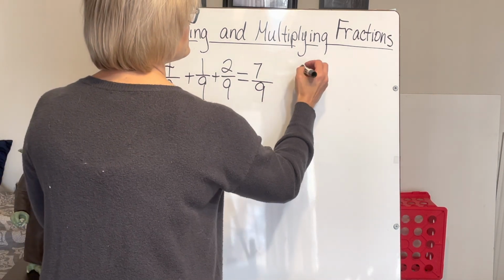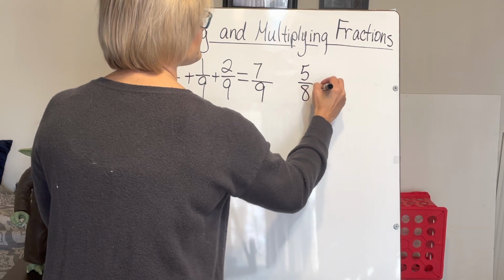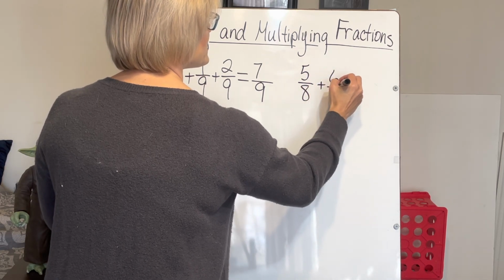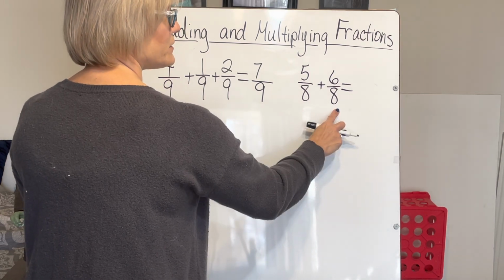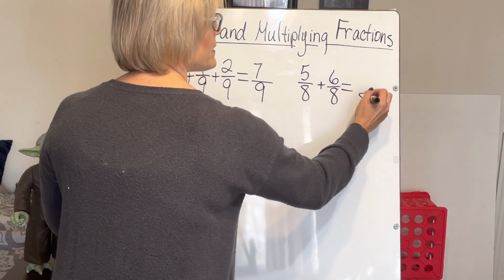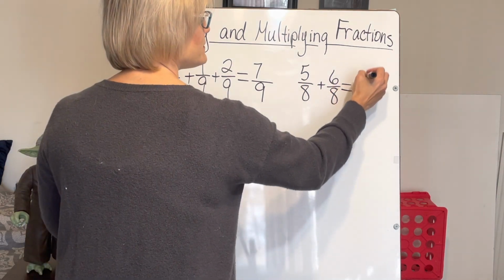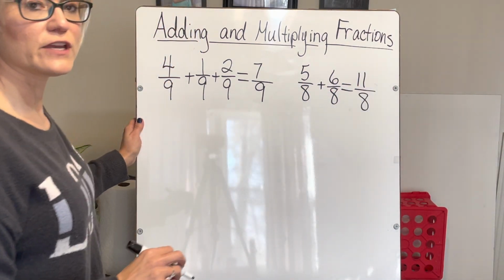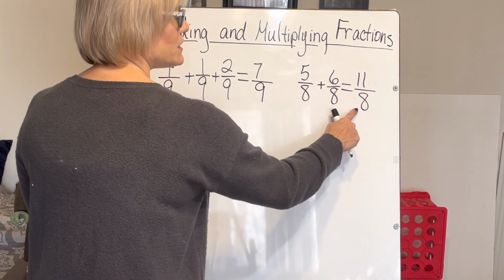Okay, so let's do 5/8 plus 6/8. All right, so I've got my common denominator. So all I have to do is rewrite that and then add my numerators. 5 plus 6 is 11. So I've got another improper fraction. My numerator is larger than my denominator.